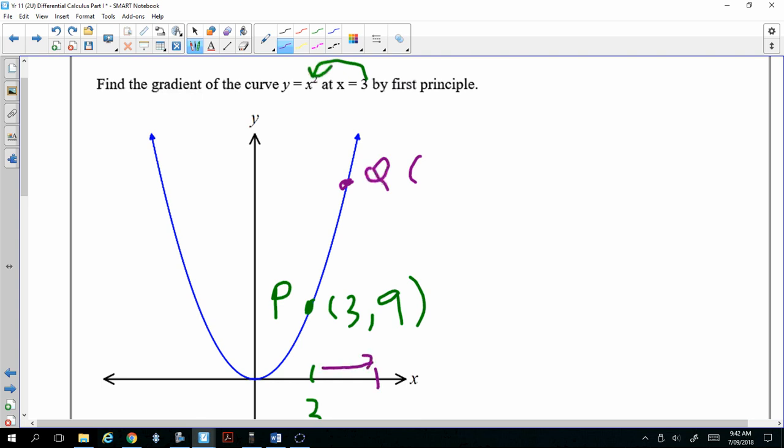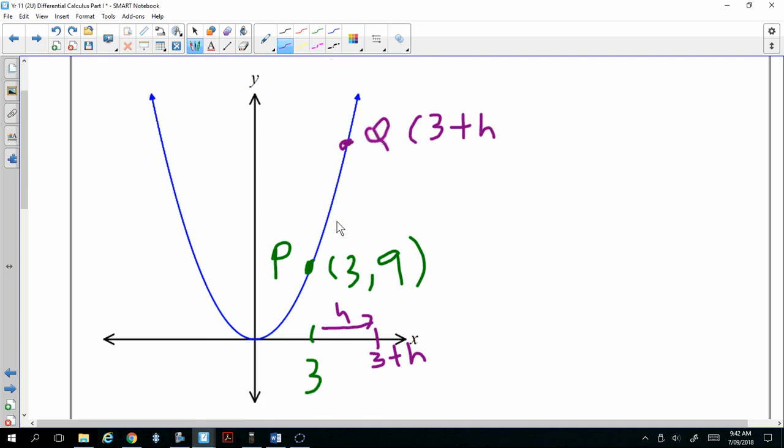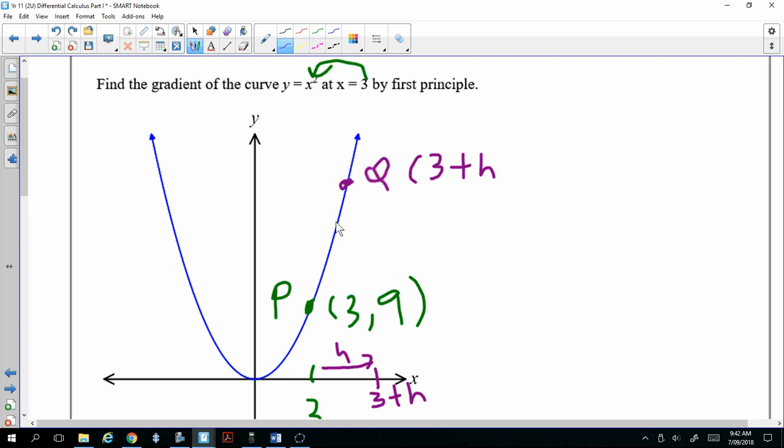And how do I get the y value? Just like before, we substitute 3 plus h into the function. And when you substitute 3 plus h into the square, you get 3 plus h squared. Okay, let's find the gradient.